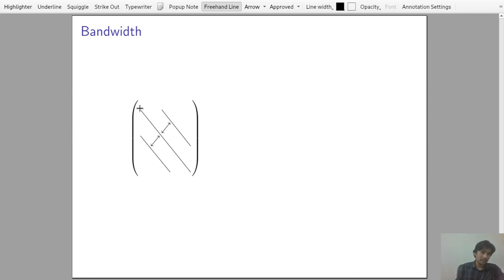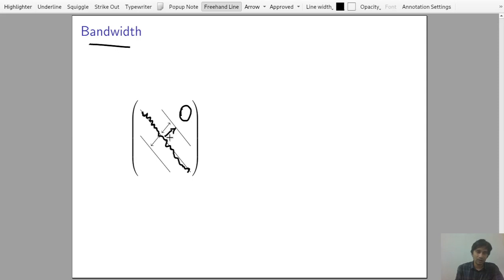So another interesting way to look at our result is to examine a parameter that is called the bandwidth of matrices. So what is the bandwidth of a matrix? So consider a matrix where the main entries contain some non-zero entries possibly, and you travel in the upwards direction diagonal by diagonal until you hit a diagonal such that all entries above that diagonal are 0.